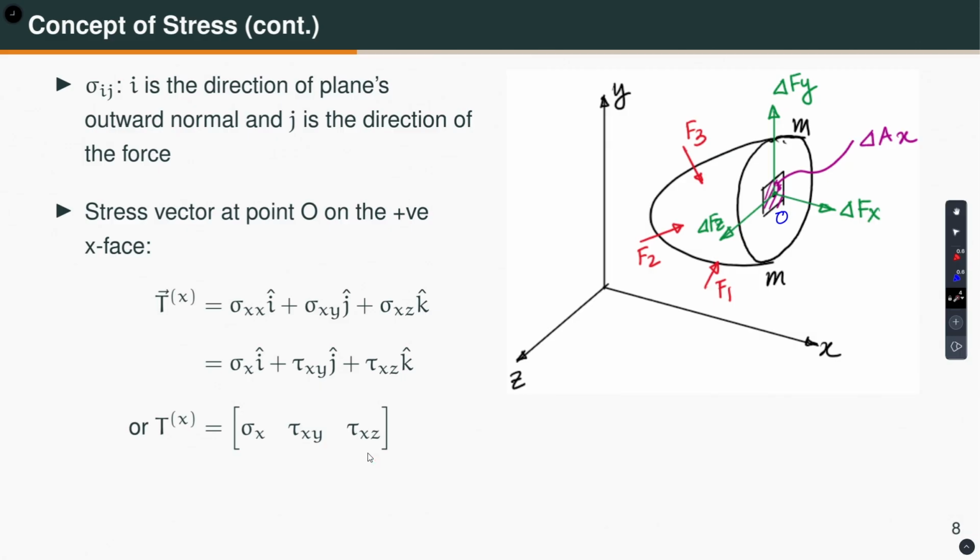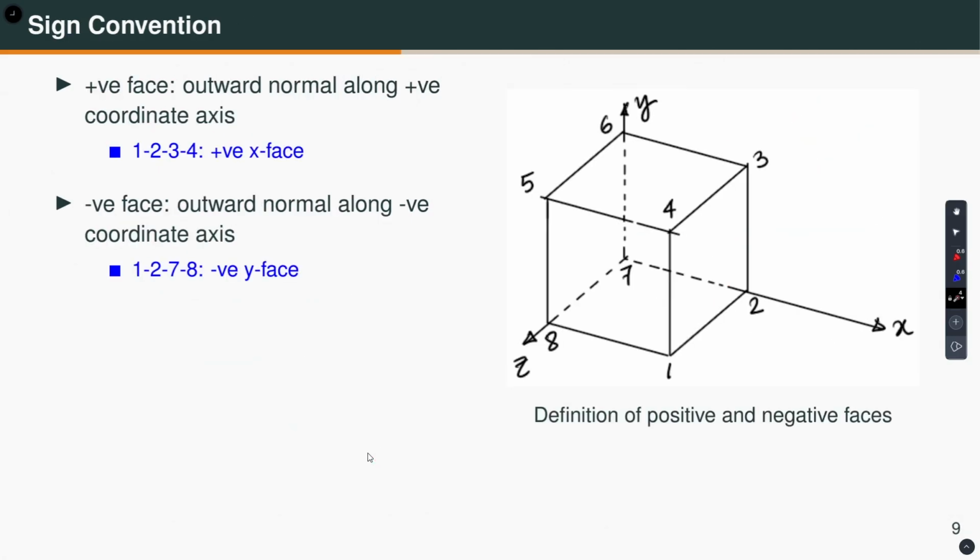Okay. Now, before we proceed further, let us adopt a sign convention. So, what is the sign convention that we will be using? A face will be called a positive face when the outward normal is along one of the positive coordinate axes. For example, I am showing you a rectangular parallelepiped here. This is my x axis, y axis and z axis.